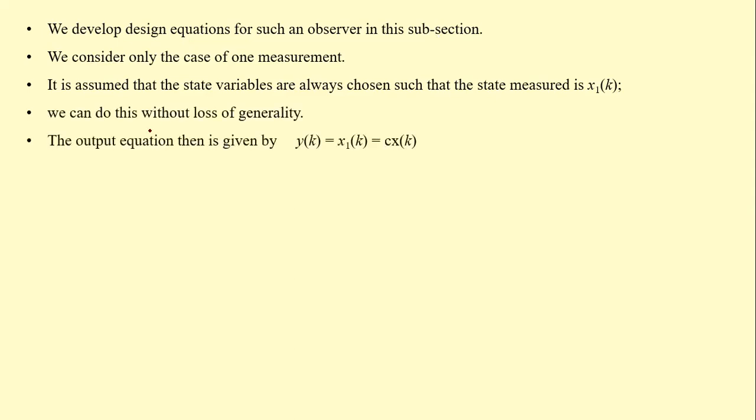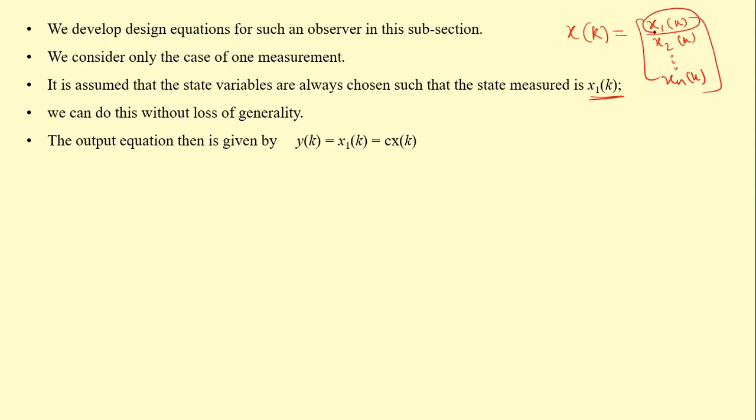The output equation: if only one state x1k is available to us, because xk is the state vector which may contain many states, x1k, x2k, and let us say xnk, right?